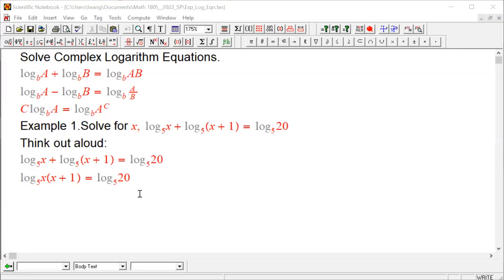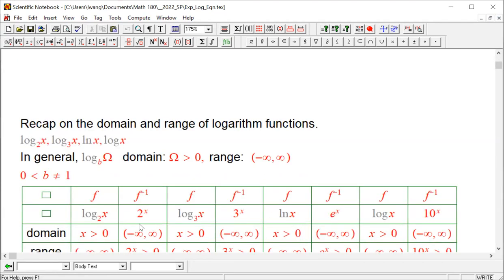The fact that log base 5 of omega is a one-to-one function, and we have reviewed those concepts: log base 2 of x, log base 3 of x, natural log x, log base 10 of x, log base 5 of x.